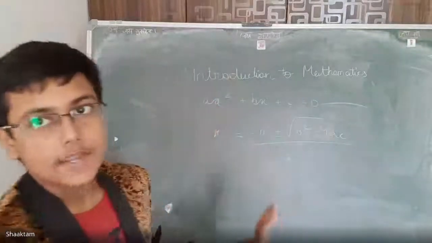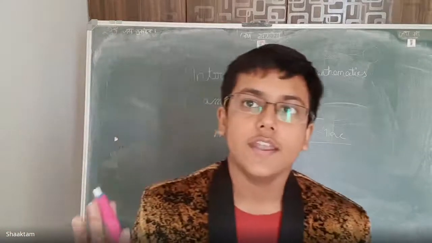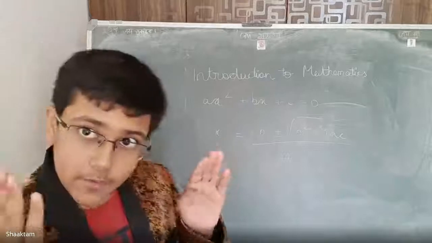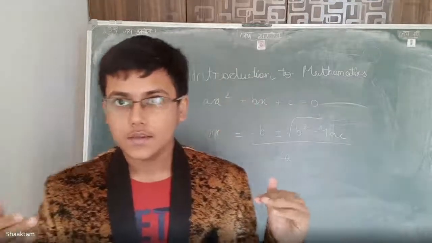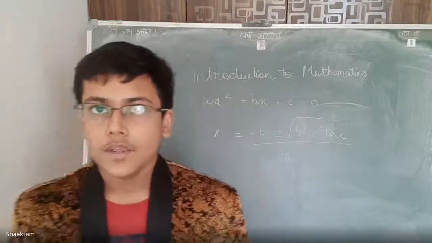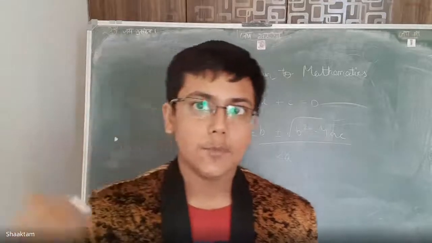Now, b square minus 4ac is also referred to as the discriminant of the quadratic polynomial. If we know some things about it, we can figure out a few more properties of what the roots will be.